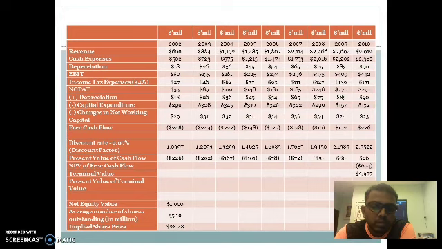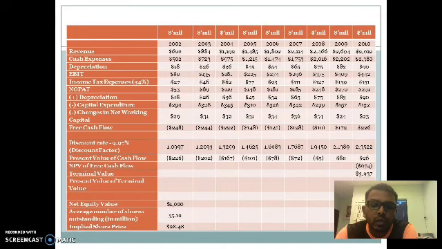Then the terminal value is from the final year, the last year 2010, and you can see the present value of the terminal value there. From there we can calculate the net equity value.